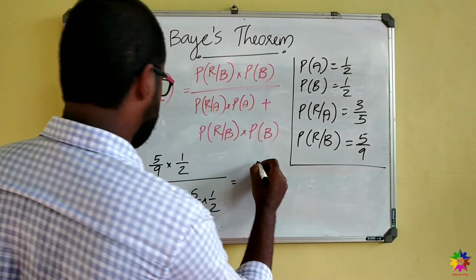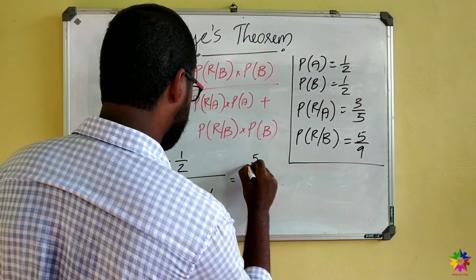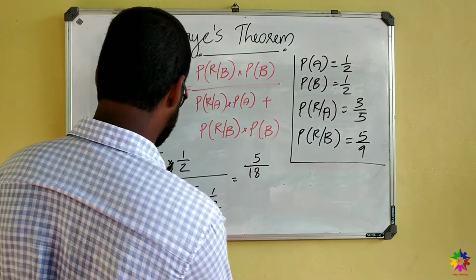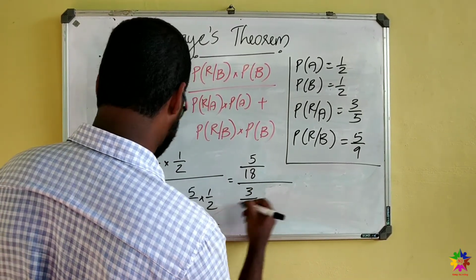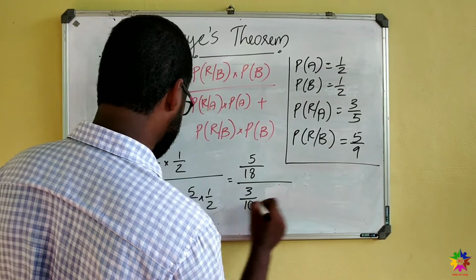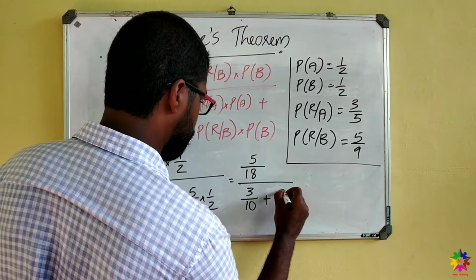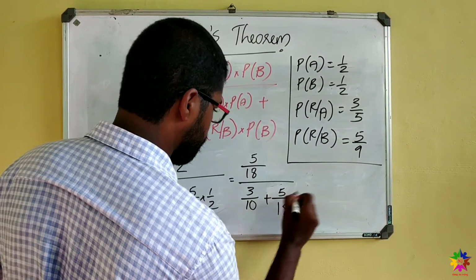So it is 5 by 18 divided by 3 by 10 plus 5 by 18.